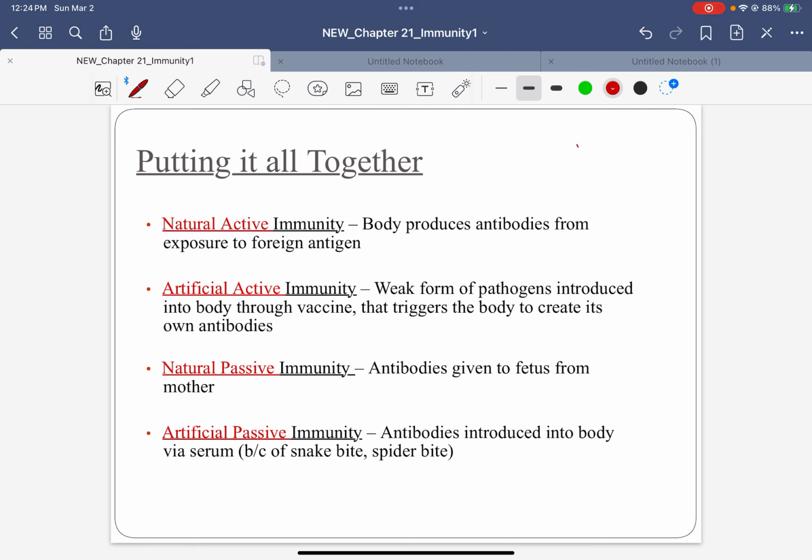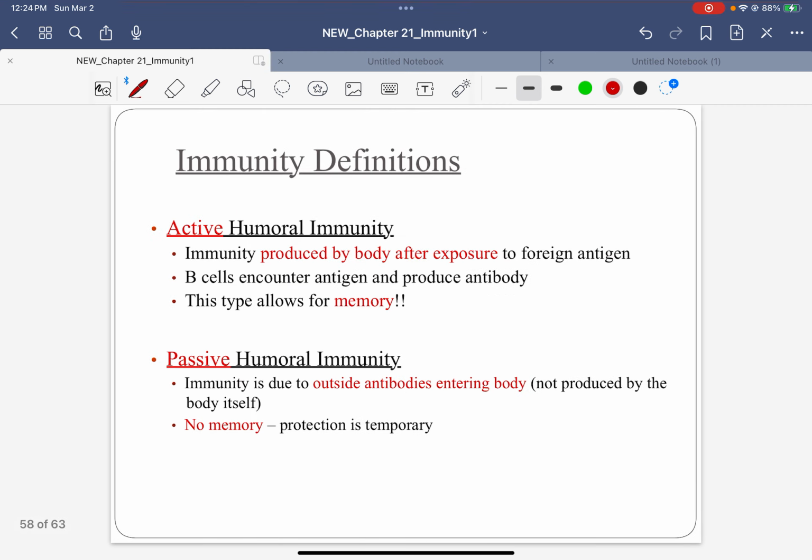So this is going to be the summary slide that you're going to need to know. But to help us understand these, let's go back. Let's first define active. If you ever see the word active as it relates to immunity, that means that the body itself produced the antibody.